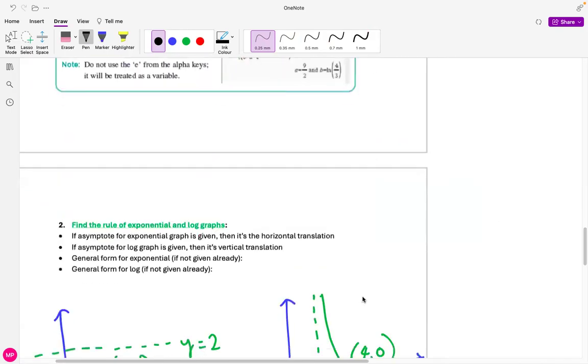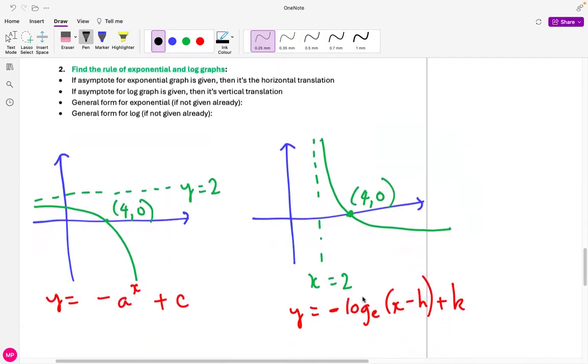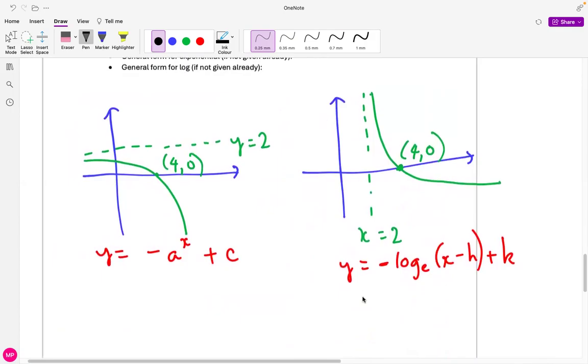All right. The last thing I want to talk about is that sometimes they give you a general form, and they do give you the asymptote, and they want you to find the constant based on whatever is given. You will notice the negative indicates the reflection, which way the shape goes.